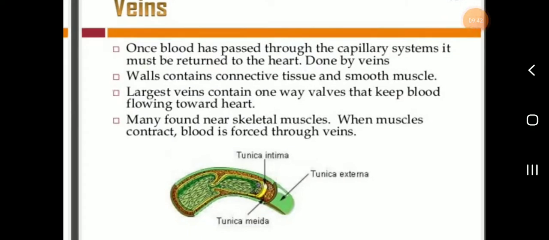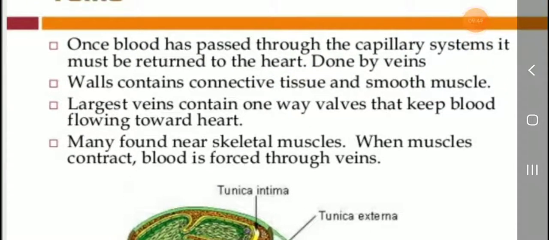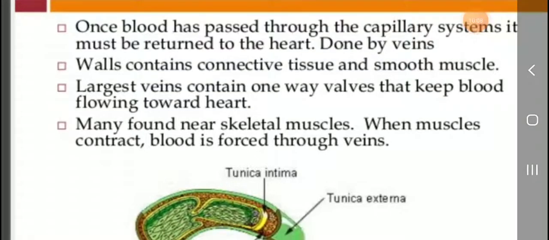Next, veins. Once blood has passed through the capillary system, it must be returned to the heart. The walls contain connective tissues and smooth muscles. Largest veins contain one-way valves that keep blood flowing toward the heart.